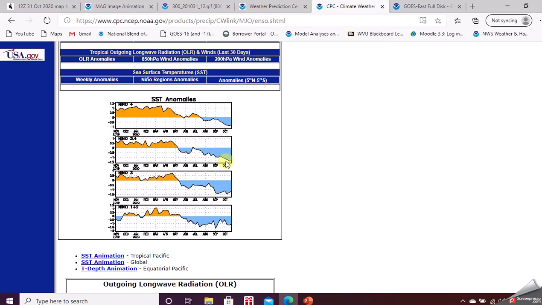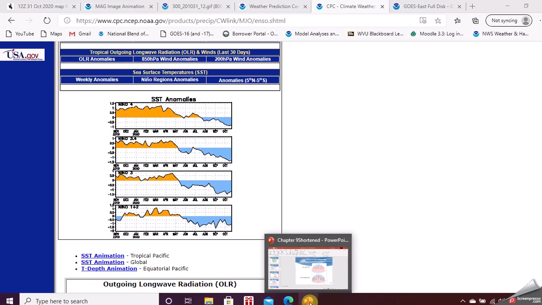Currently, we're almost up to 1.5 degrees. They consider anything greater than 0.5 degree over a 3-month time frame to correspond as a La Nina. So we had August, September, October. We're pretty much in La Nina. So what does La Nina mean? Well, let's take a quick peek at it here a minute.